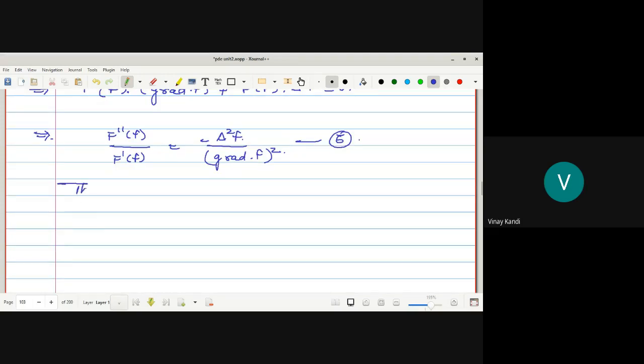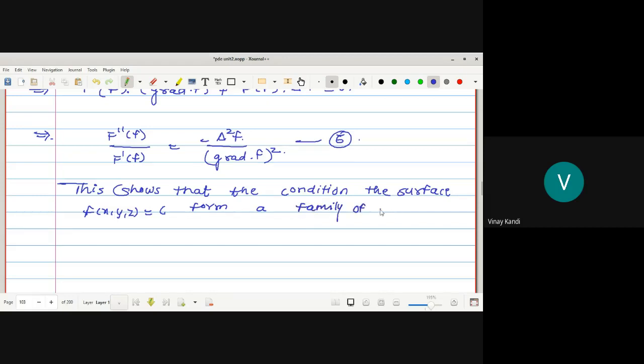So this shows that the condition, the surface f of x, y, z is equal to c, forms a family of equipotential surfaces.